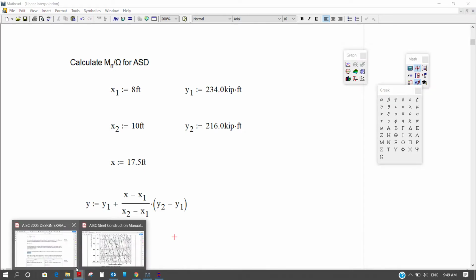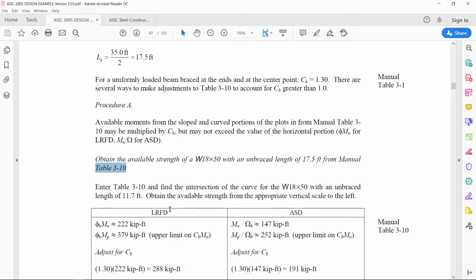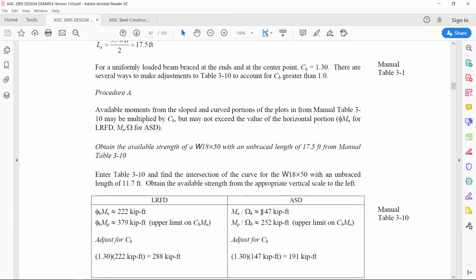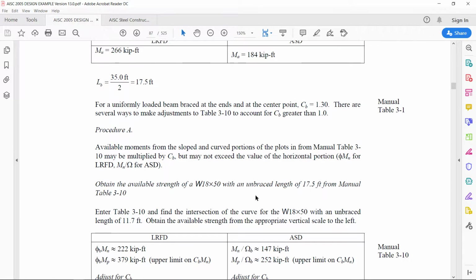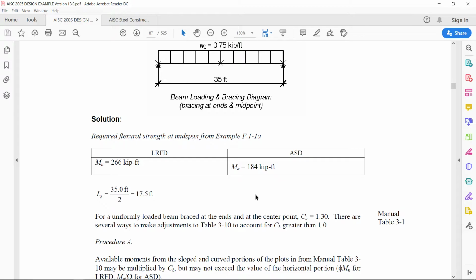When I checked with this value over here, it is quoted approximately 147 feet. Fair enough. And then it is multiplied by CB, and then the nominal resistance comes out to be 191 feet, which is of course larger than 184 feet. So that means this beam is safe under this condition also.